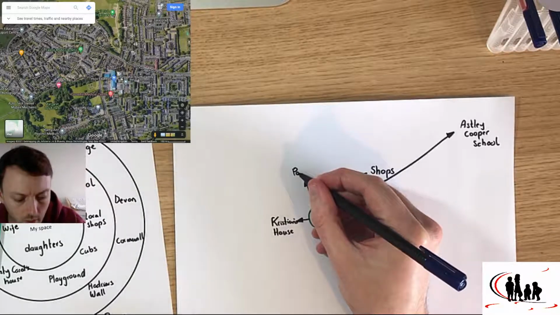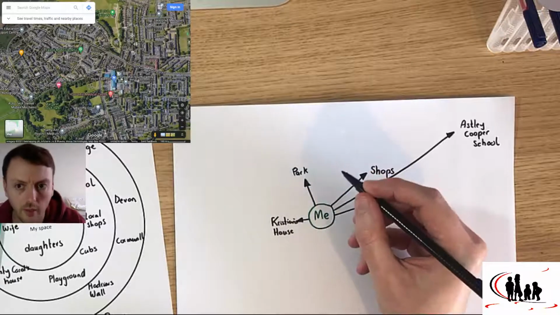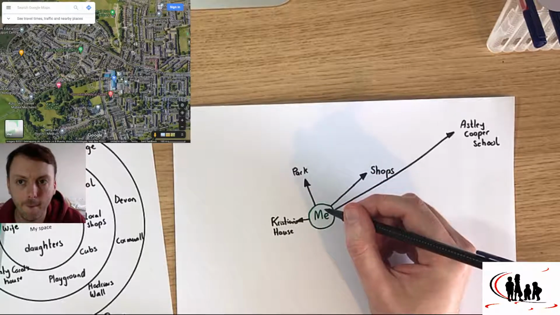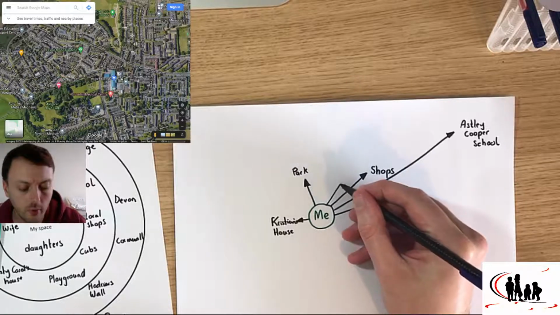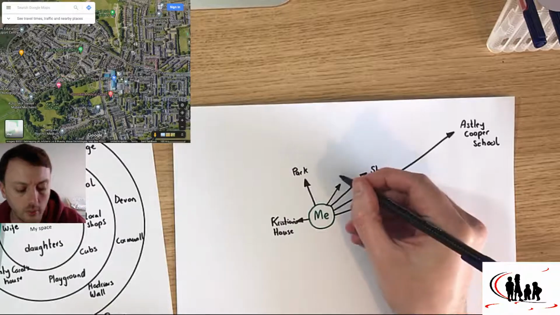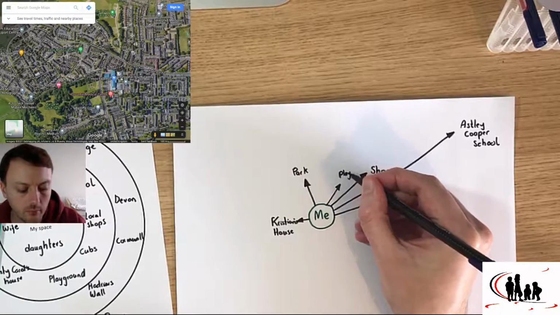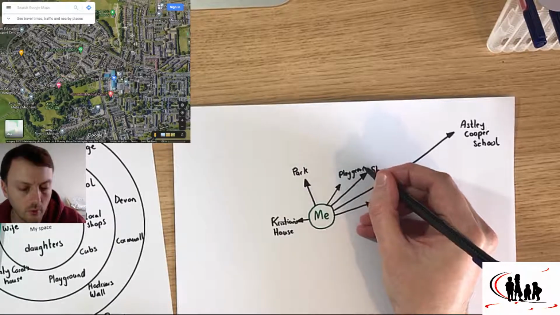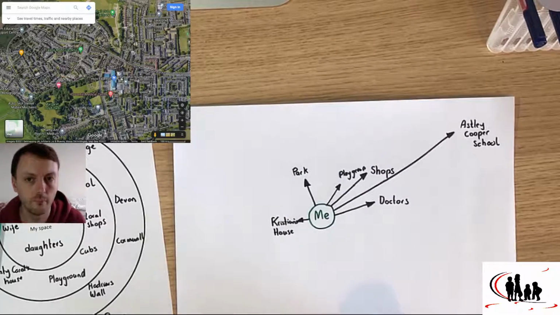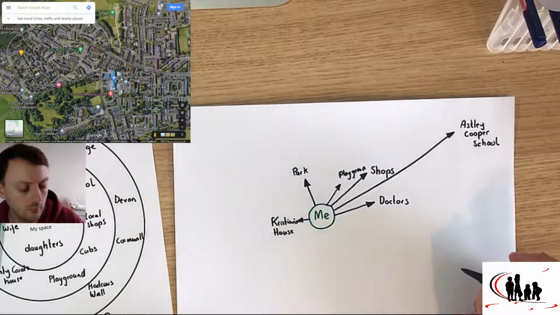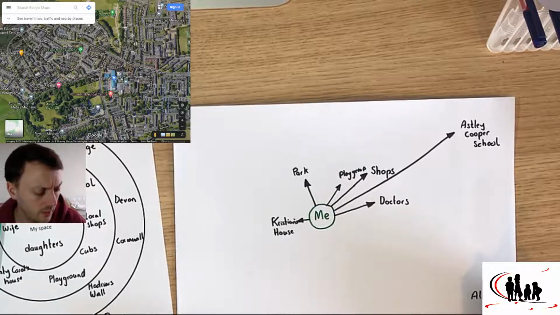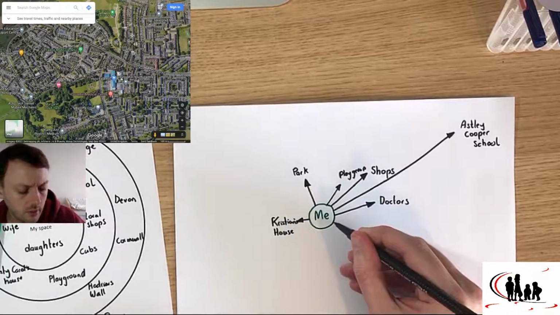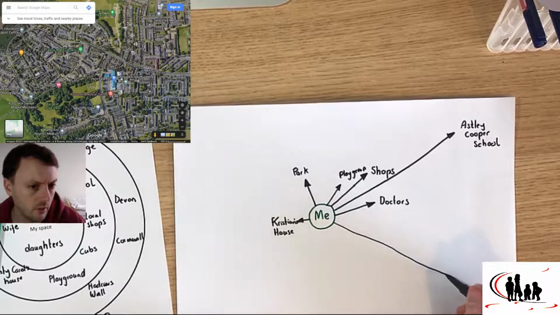So let's put park like that. Oh, my playgroup when I was younger was that way. So I can put playgroup. Struggling to fit that in. Aldi. Is it Aldi or Lidl? It's Aldi, isn't it? Aldi is, I think, in that direction. I'll probably put it a bit too far down.